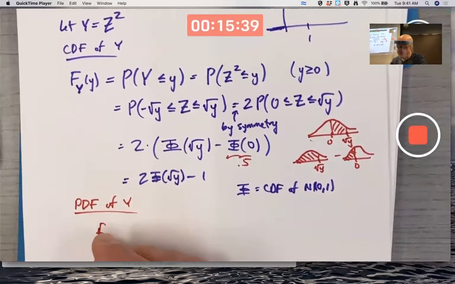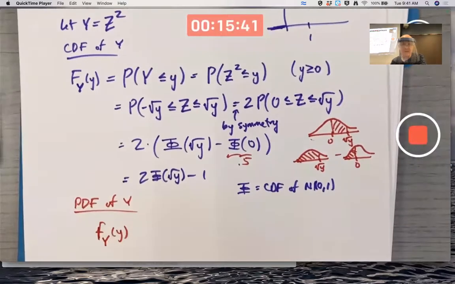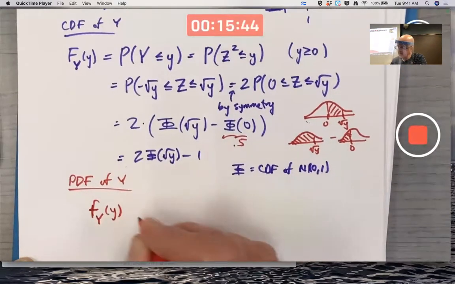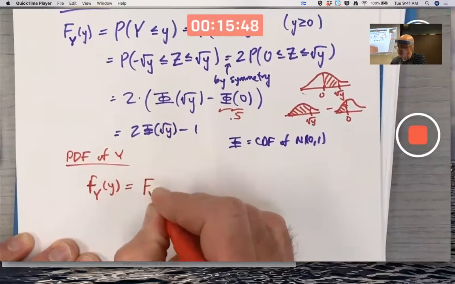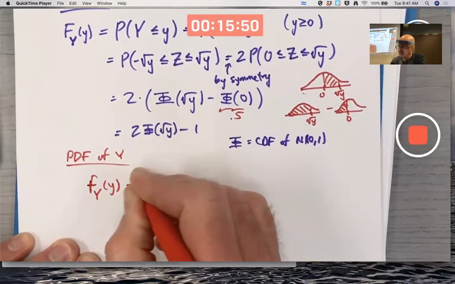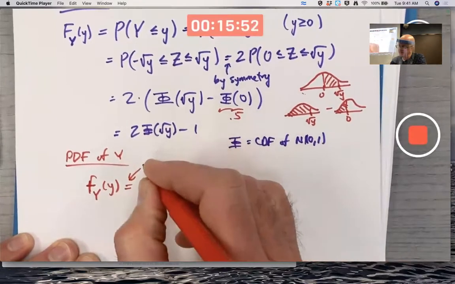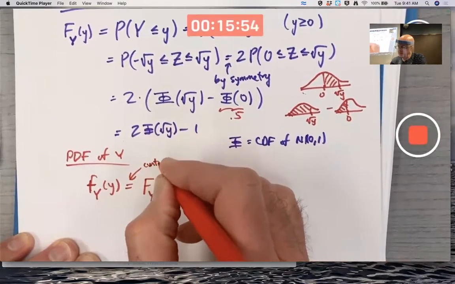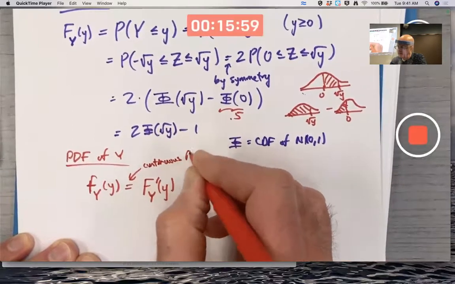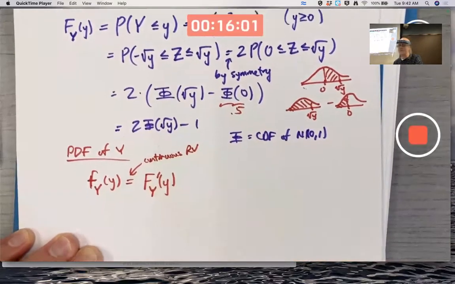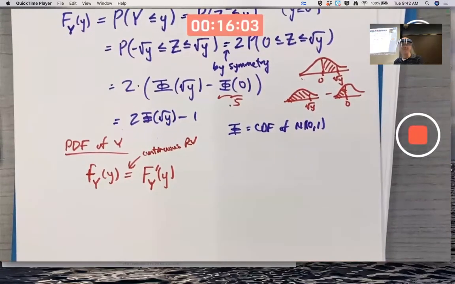Little f sub capital Y of little y, the PDF of capital Y, by definition in the continuous case, is the derivative, because this is a continuous random variable, of capital F. I forgot to put a prime in there at first, now it's there. Capital F sub Y prime of little y.